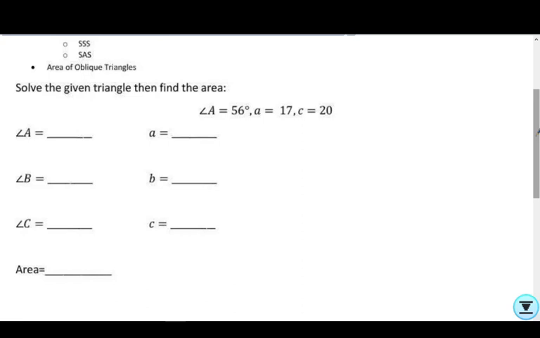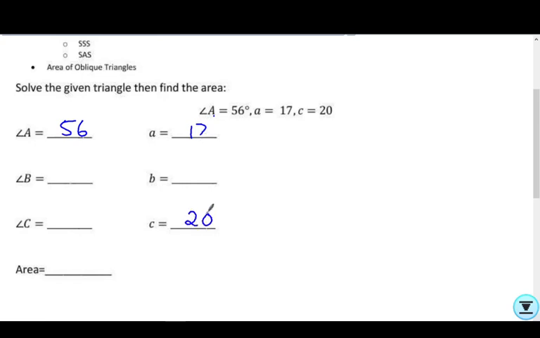The first thing we need to do is find the height, because the side that matches the angle is not bigger than the other side given, which means there could be zero solutions. So I'm going to write down my information that I'm given.